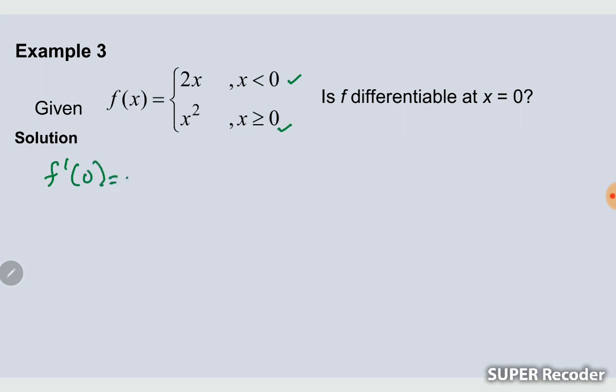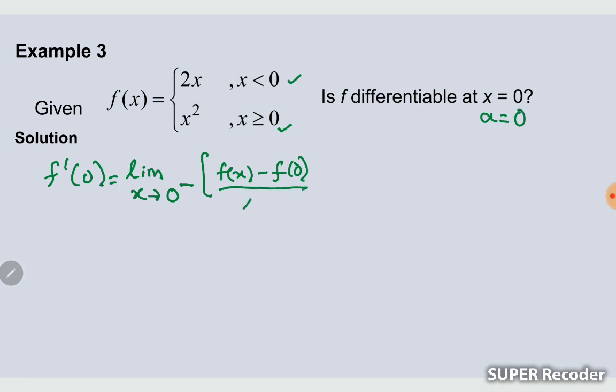By applying the formula, f prime of 0 is equal to the limit as x approaches 0 from the left of f(x) minus f(0). The point a here is a equals 0.